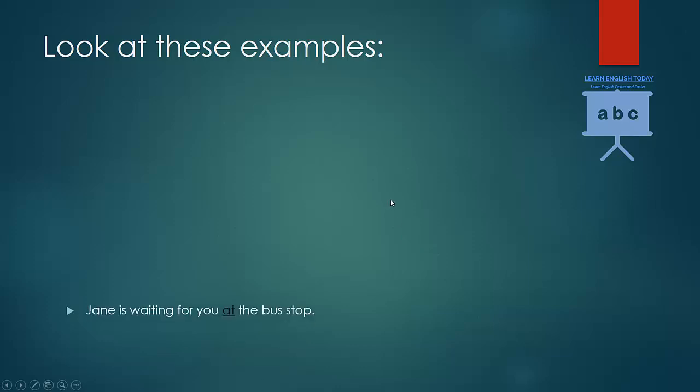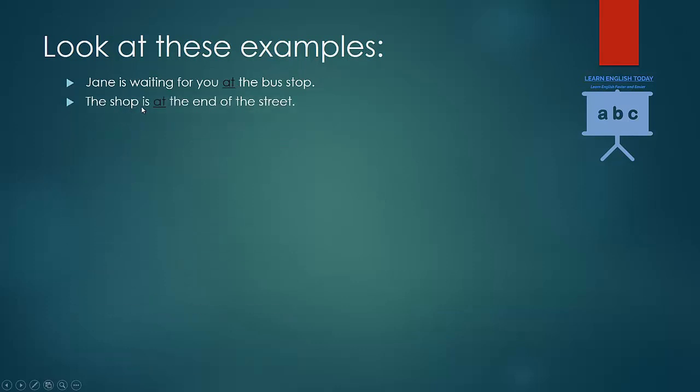Good. Let's look at some examples of how we use at, in, on to show places. The first one, Dane is waiting for you at the bus stop. Bus stop is a point, so we used at. The next one, the shop is at the end of the street. The next example, my plane stopped at Dubai and Hanoi and arrived in Bangkok two hours late.